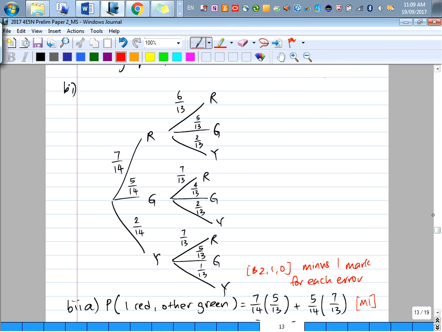B part 1, your diagram with all the values. Hang on.